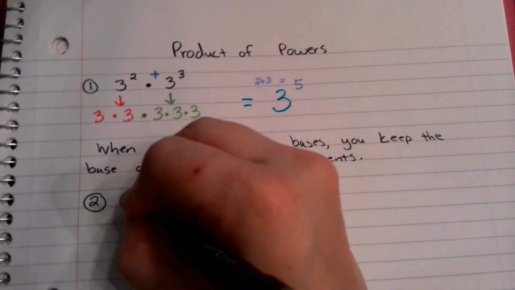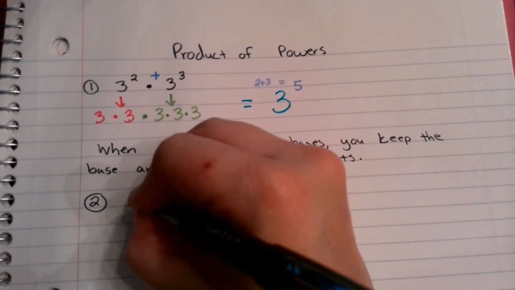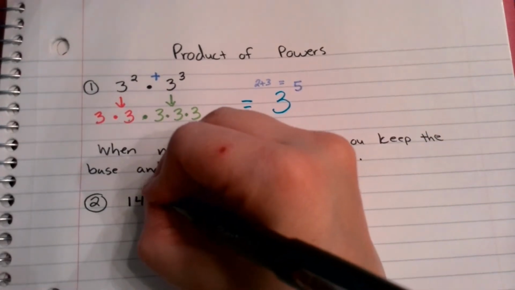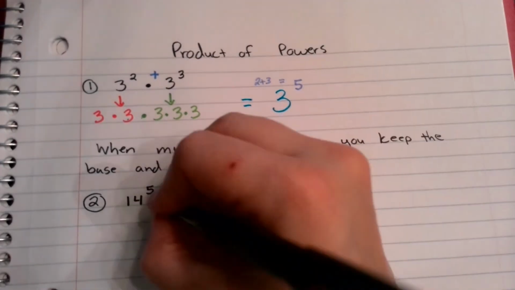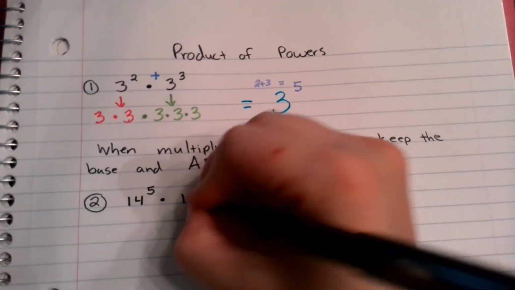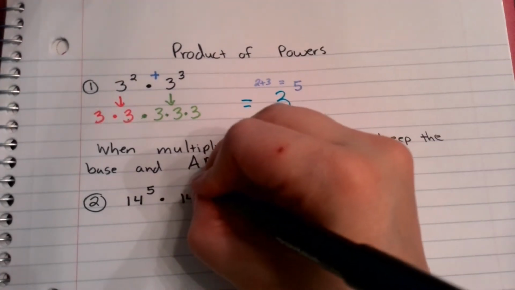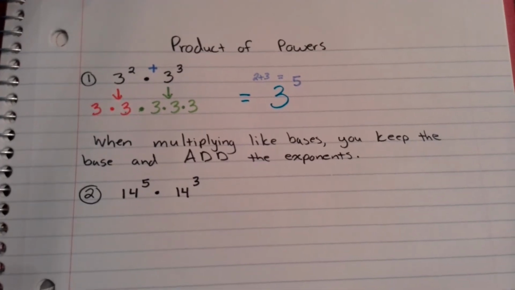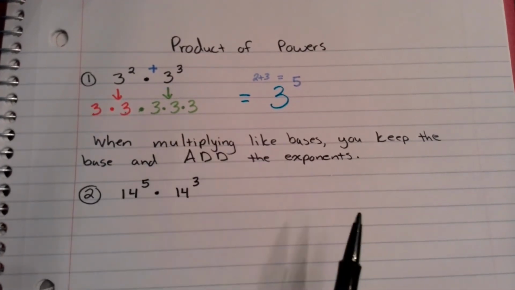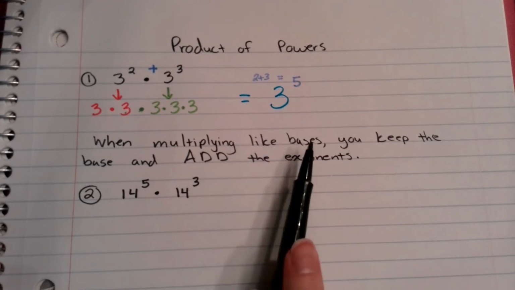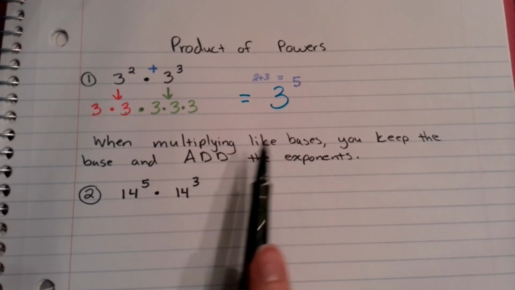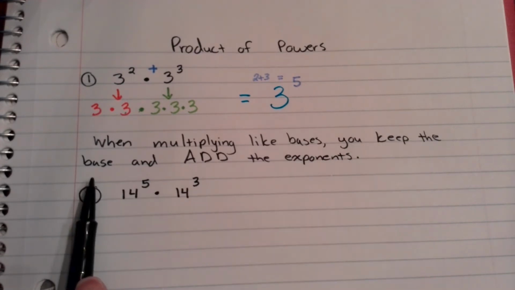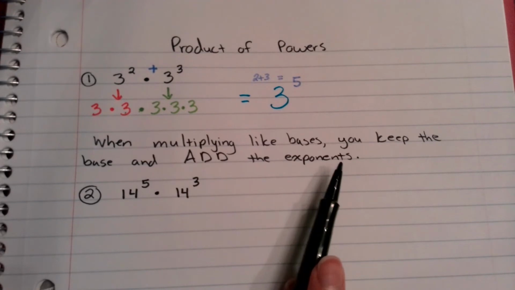Let's say we have 14, and it's being raised to the 5th power. And then I want to multiply it by 14 to the 3rd power. Now, based off of the rule that I just wrote, if I'm multiplying like bases, meaning your base is identical, then all I have to do is keep that base and add the exponents.